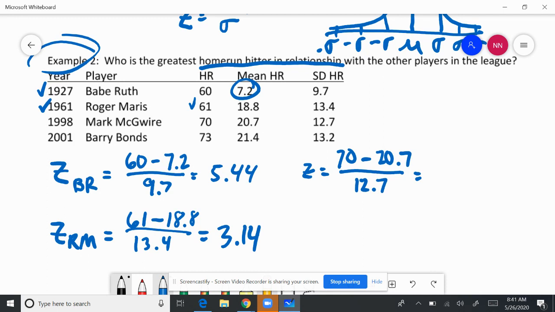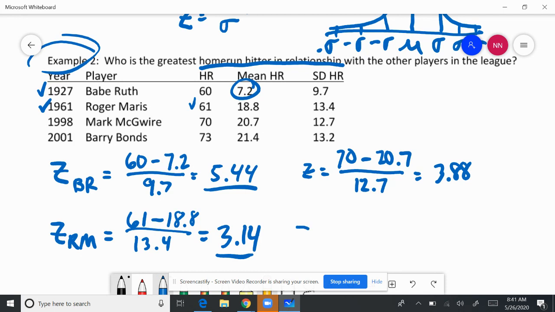We're going to take out the calculator, and what we get is 3.88. So that means that he was 3.88 standard deviations above the mean. So not quite as good as Babe Ruth, but better than Roger Maris compared with the number of home runs that were hit that year.